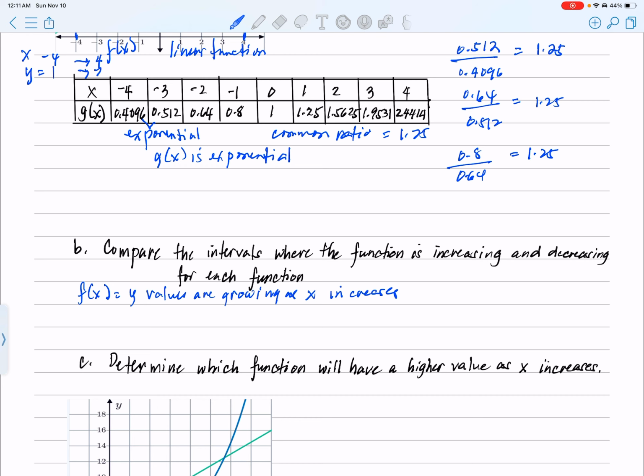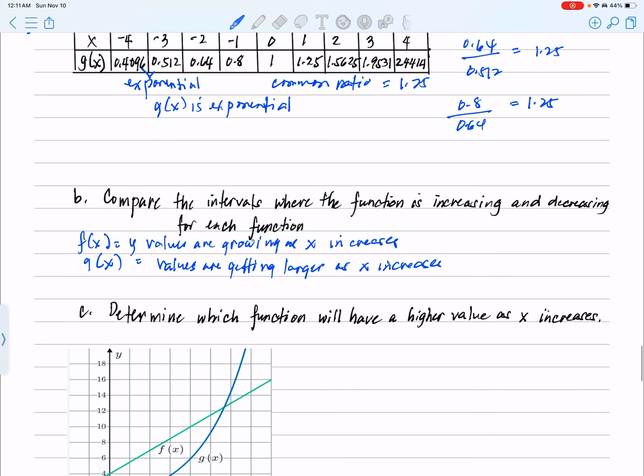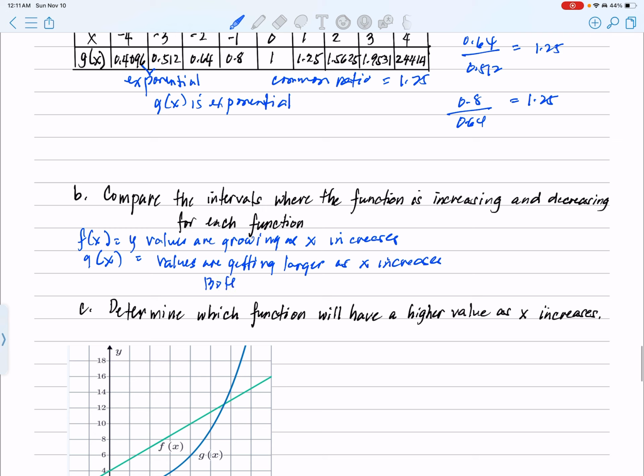Looking at the outputs of the table in g of x, the values are getting larger as x increases, and it increases faster. So we could say that both functions are increasing.